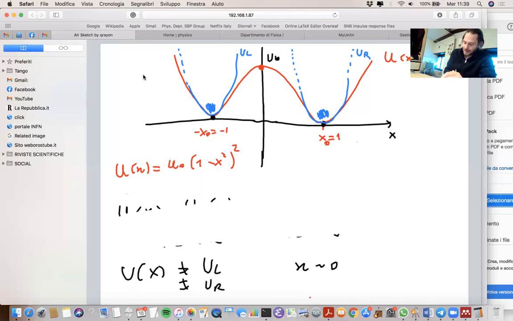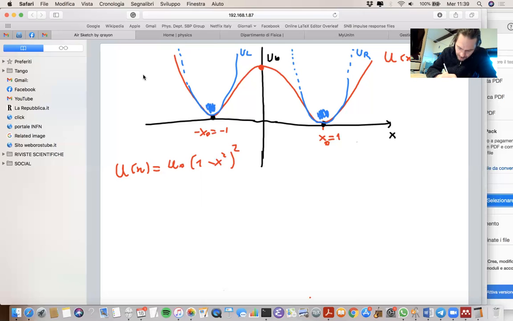Now, unfortunately, I don't have the right expression with me, but let's say I use a psi naught. The idea is to use basically just two bases. Let them be the ground state of this harmonic oscillator and the ground state of this harmonic oscillator.